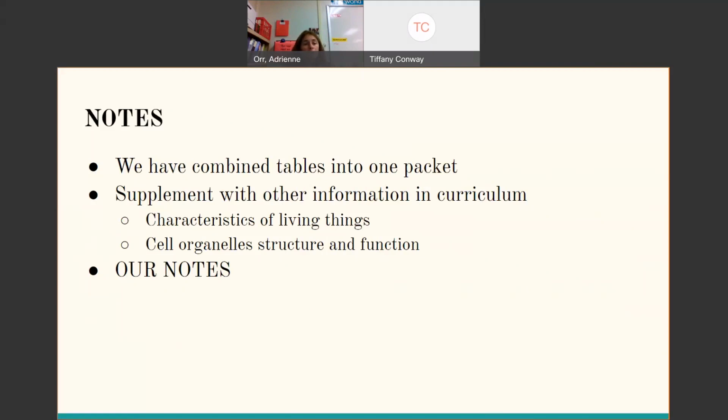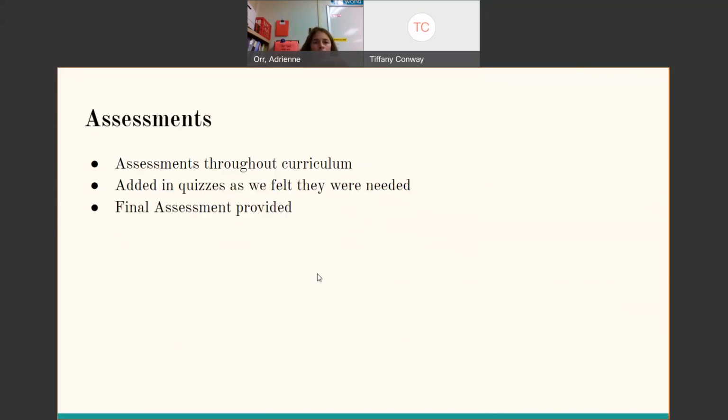Then last year, when we had to go all digital, we made this note packet so that we could give them the whole thing at one time on Canvas, and they could go in and fill things out as we went through. Of course, we found lots of things to change through that, so we've changed it a little bit for this year, and we'll see where it goes. I'm going to go through that a little bit with you and show you how we set it up.